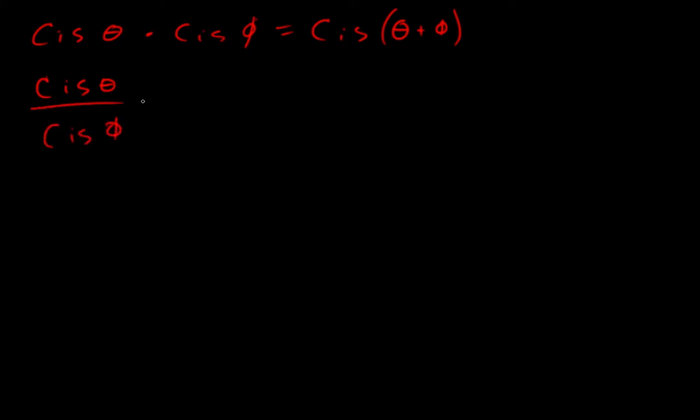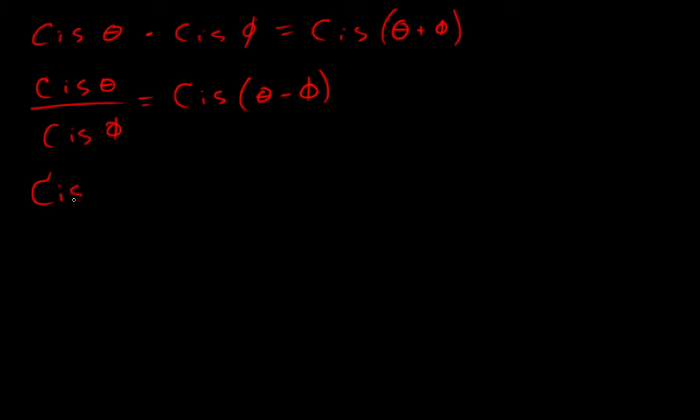Okay, now we're going to talk about some of the properties of cis. If we do cis theta times cis phi, it's going to give us cis of theta plus phi. If we do division, it turns into subtraction.